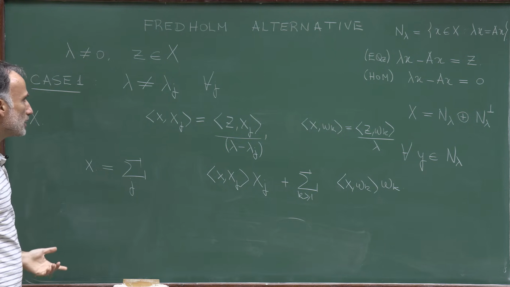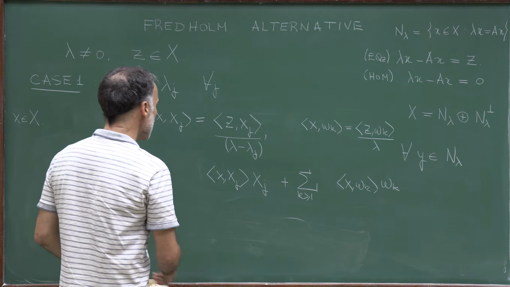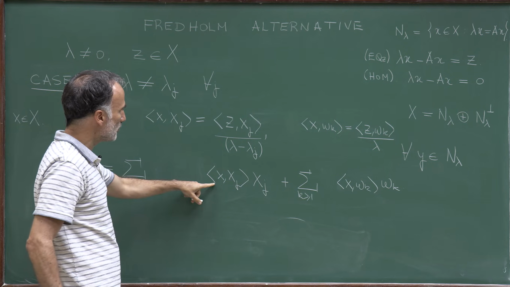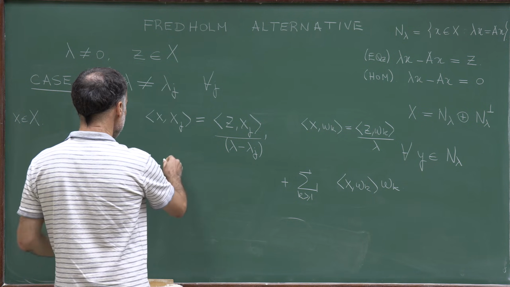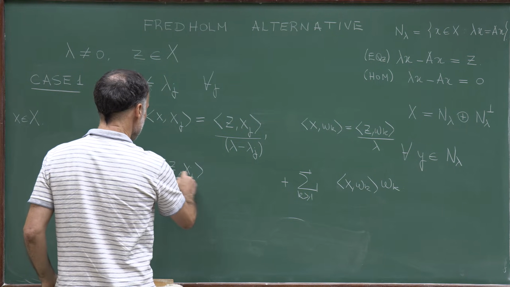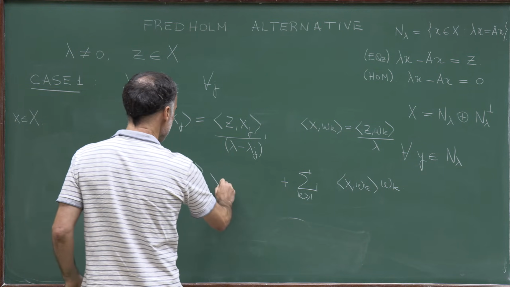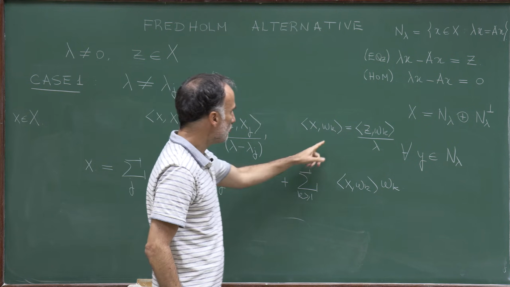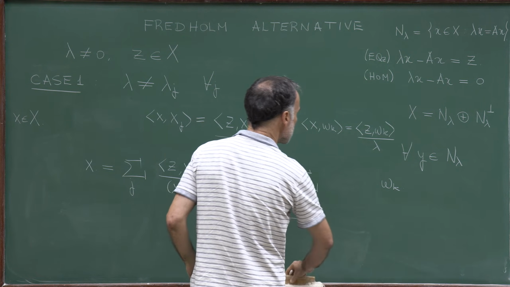So I have a candidate as a solution. If there is a solution, it has to be this one. So I will just replace (x, xj) by its expression, which is (z, xj) divided by lambda minus lambda j, and I will replace (x, wk) by its expression, which is this one.